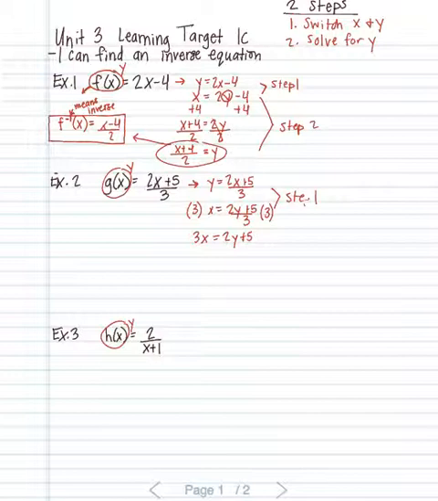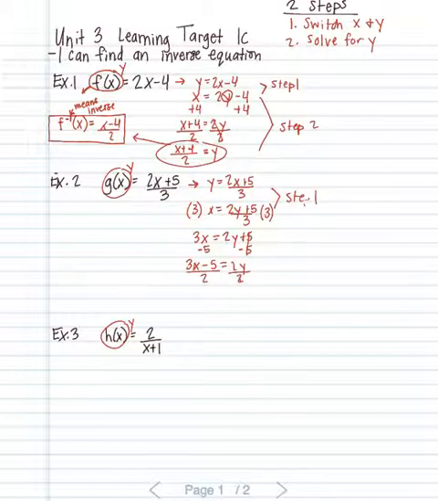Now it's not a whole lot different from example 1. We need to subtract 5 because we had plus 5. So we've got 3x minus 5 on the left side and a 2y because the 5's cancel. To get y by itself, we need to divide both sides by 2.